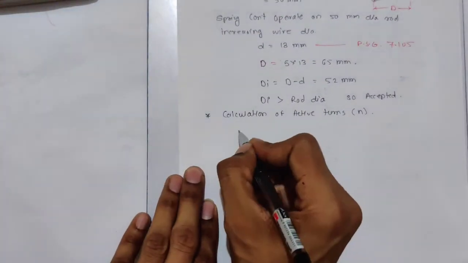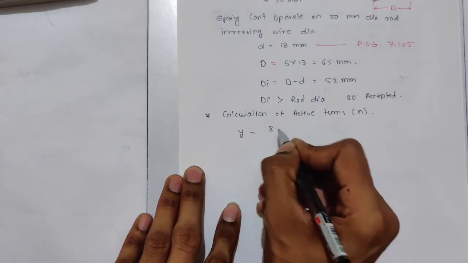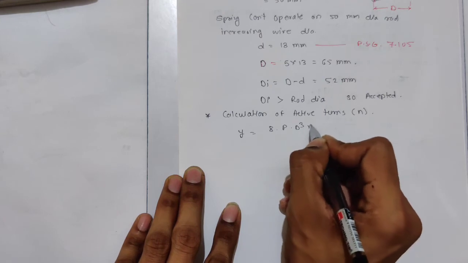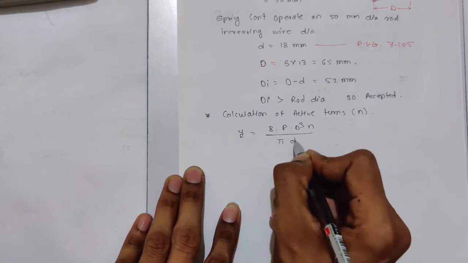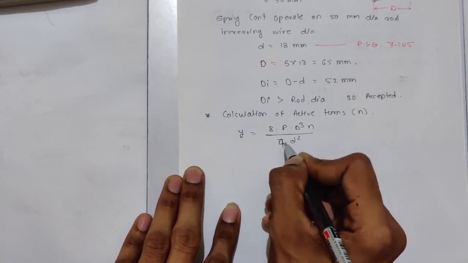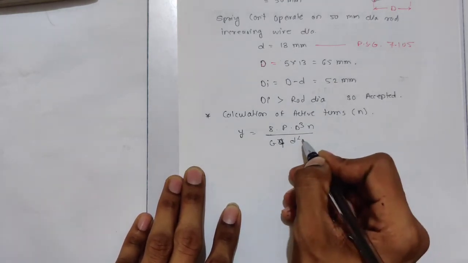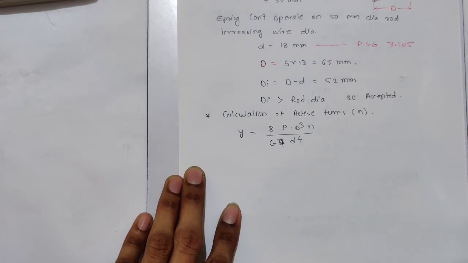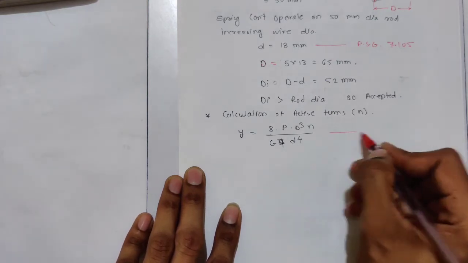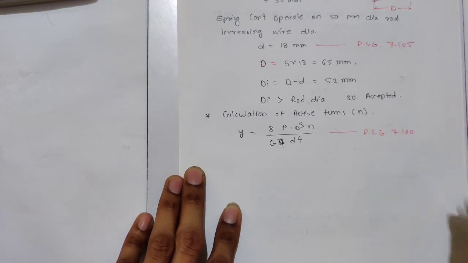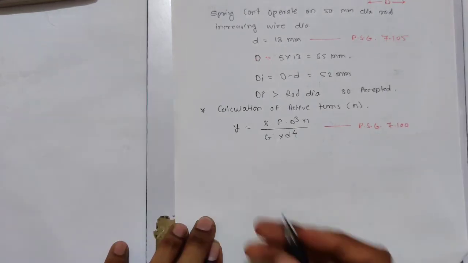So the formula of y: y is equal to 8 P D cube N upon G d raised to 4, PSG 7.100.